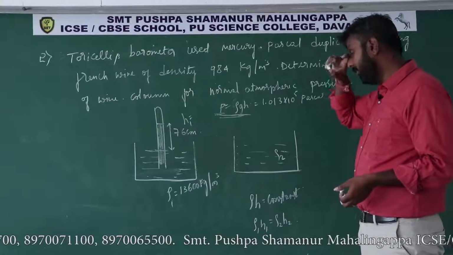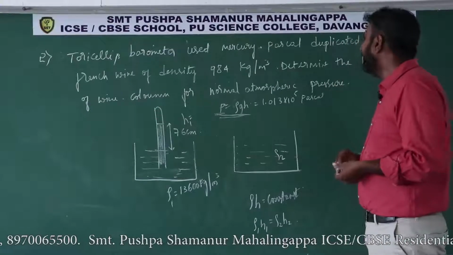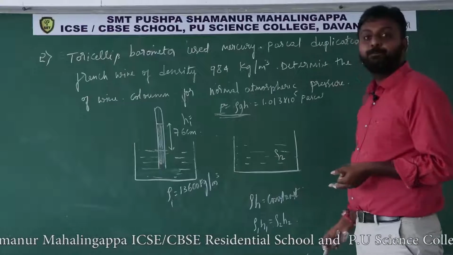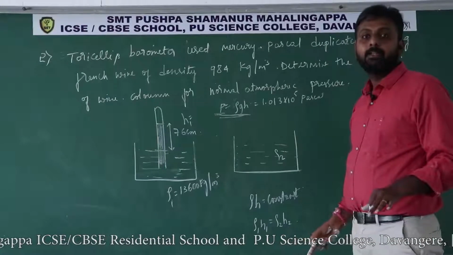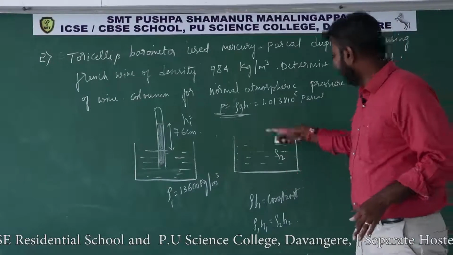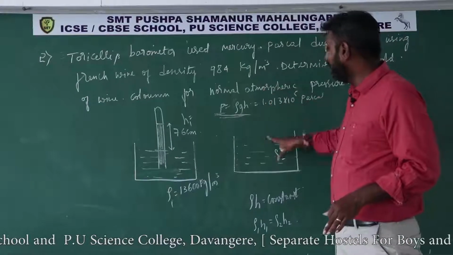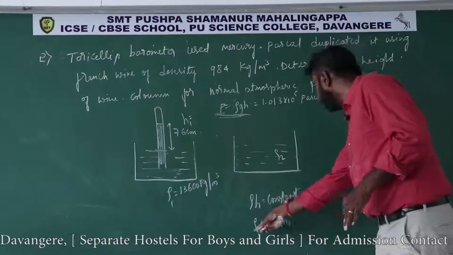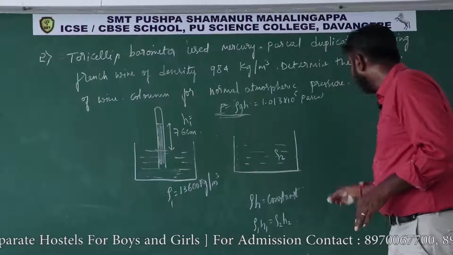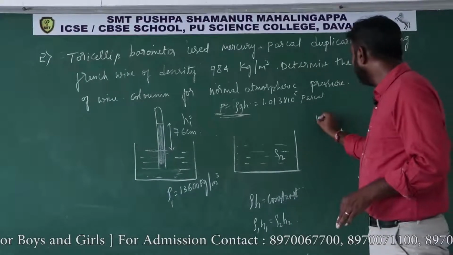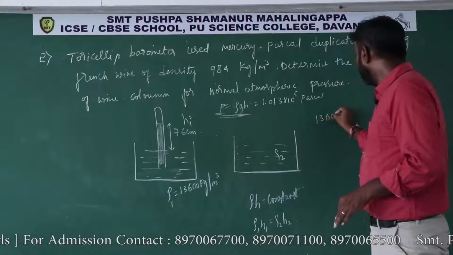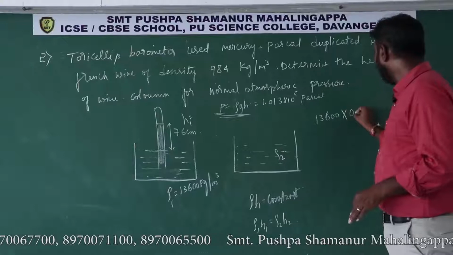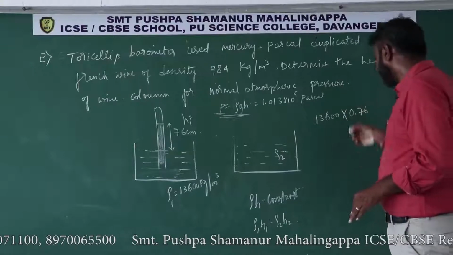Rho 2 value is how much? 984 kg per meter cube. So we have to find what height of the glass tube we need. Here, rho 1 h1, if you substitute the values, rho 1 is 13,600 multiplied by h1, 0.76 meter.